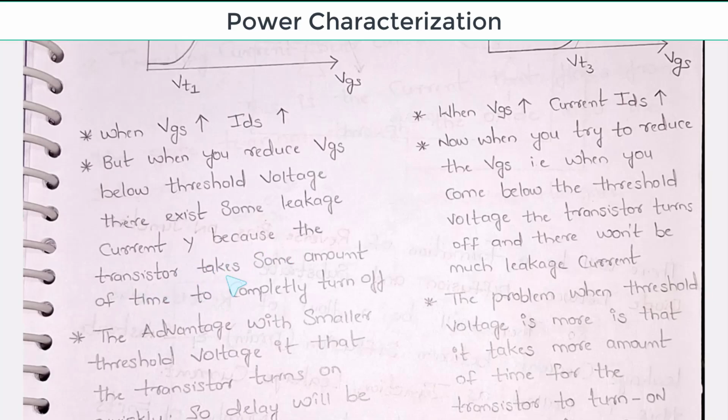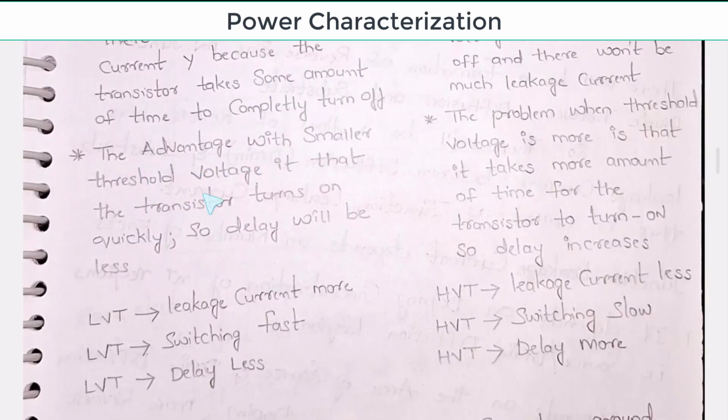Why? Because the transistor takes some time to completely turn off. It won't turn off immediately, because of which we get some leakage current. But the advantage with smaller threshold voltage is that the transistor turns on quickly, so delay will be less. So for LVT, leakage current will be more, switching will be faster, and the advantage is delay will be less.